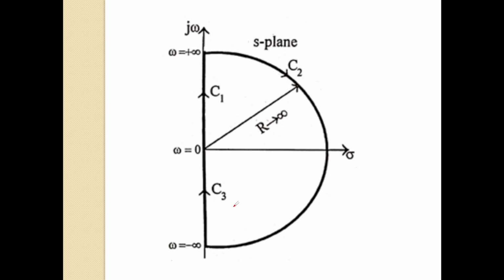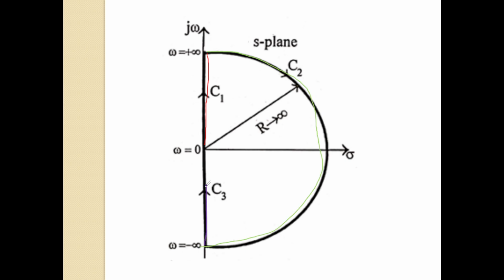If you observe this contour, it has three sections. One is the C1 section, another one is the C2 section, and another one is the C3 section.